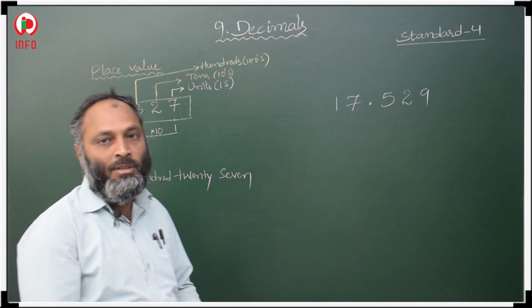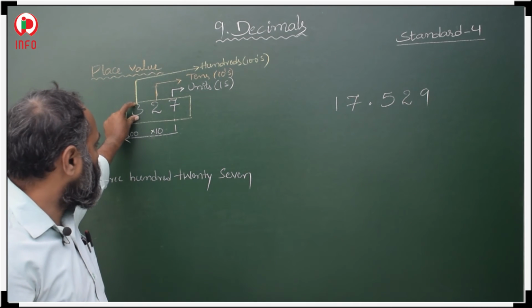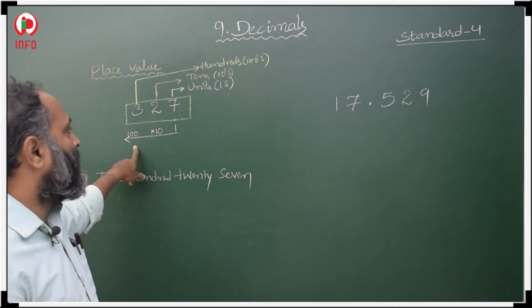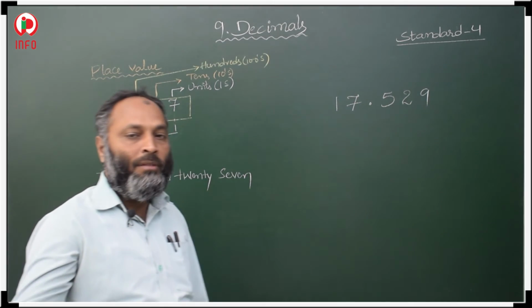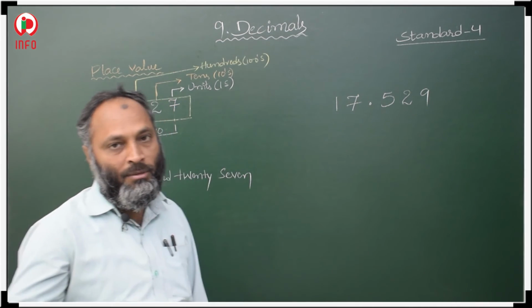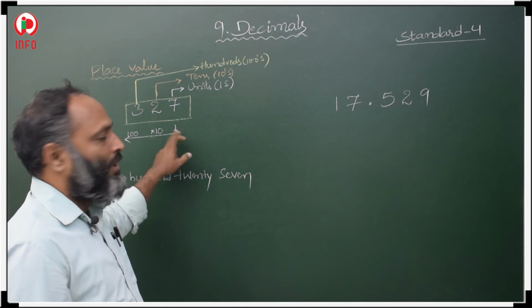Okay, 10 times. Whatever the number is, according to that we have to multiply the place value. Means if it is in hundreds place, you have to multiply with 100. If the number is in tens place, then you have to multiply with 10. If the number is in ones place, then you have to multiply with 1.